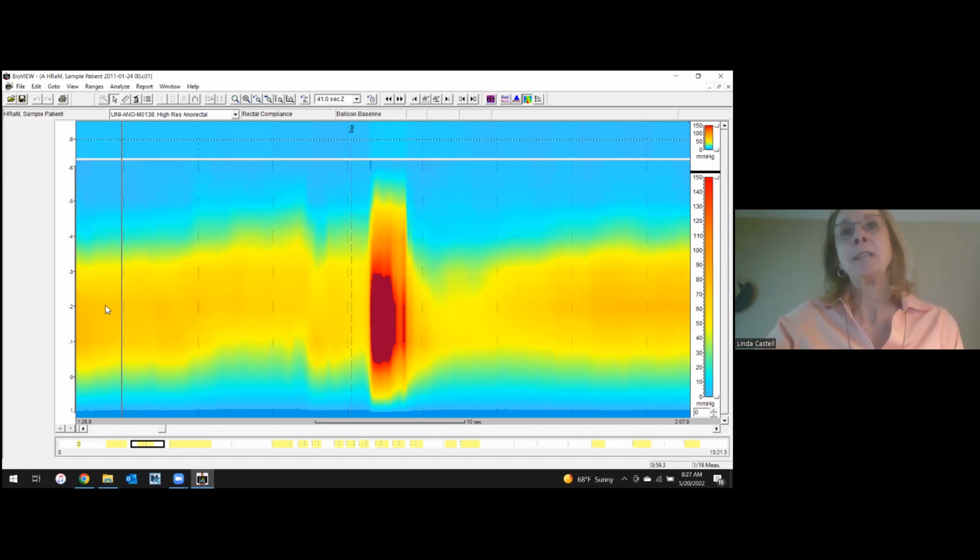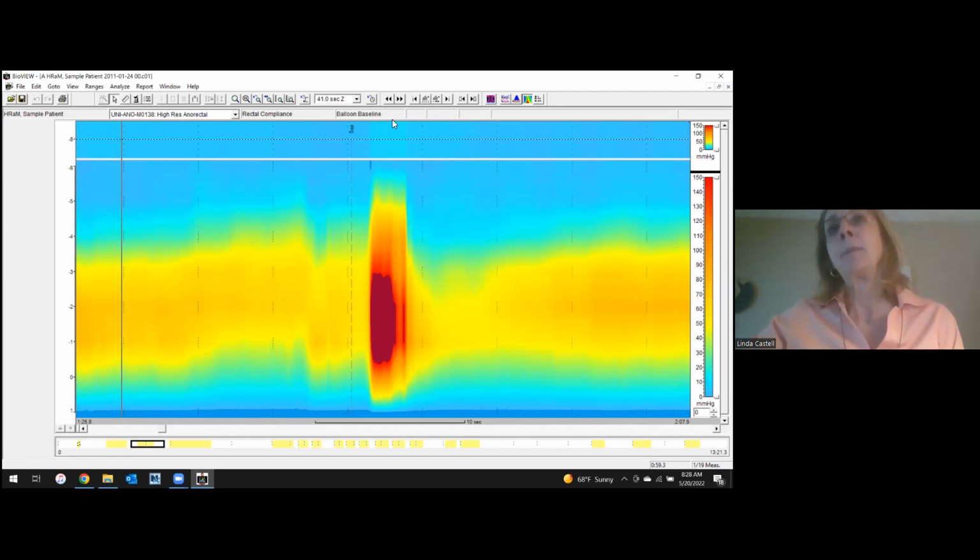I would explain to my patients that this is your anal canal resting pressure. You're not using the muscle right now, it's just nicely closed. When you squeeze, I want to see those colors get redder and more orangey, redder and redder. The redder the color, the stronger it is. So they can really see that they're squeezing very well.